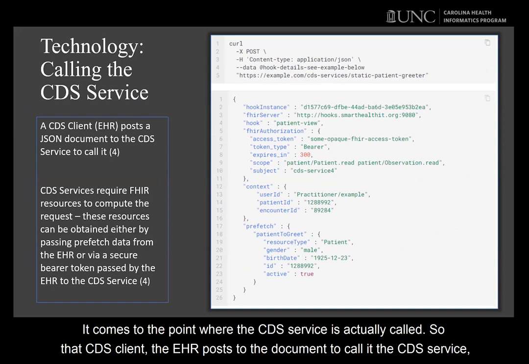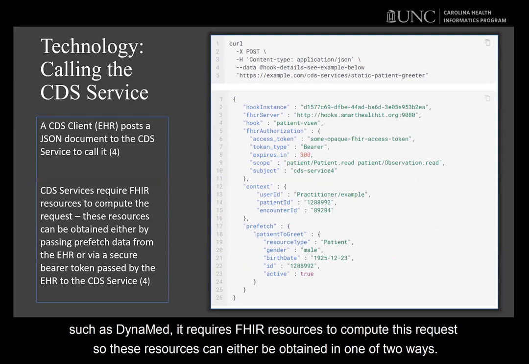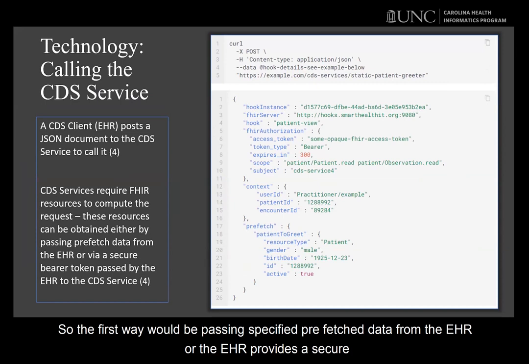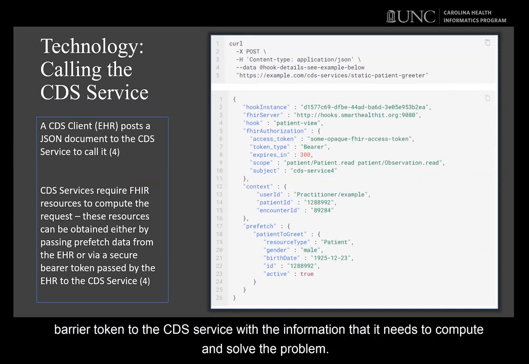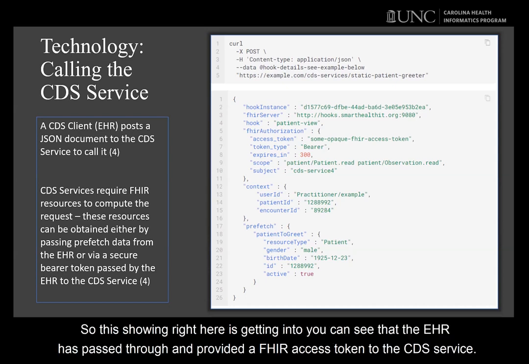The CDS client, the EHR, posts a JSON document to the service to call it. The CDS service, such as DynaMed, requires FHIR resources to compute this request. These resources can be obtained in one of two ways. The first way would be passing specified prefetched data from the EHR, or the EHR provides a secure bearer token to the CDS service with the information that it needs to compute and solve the problem.